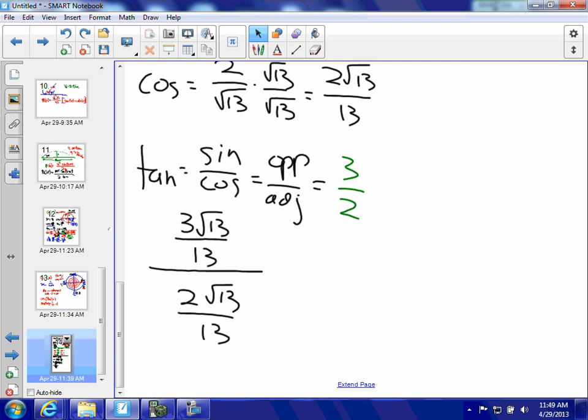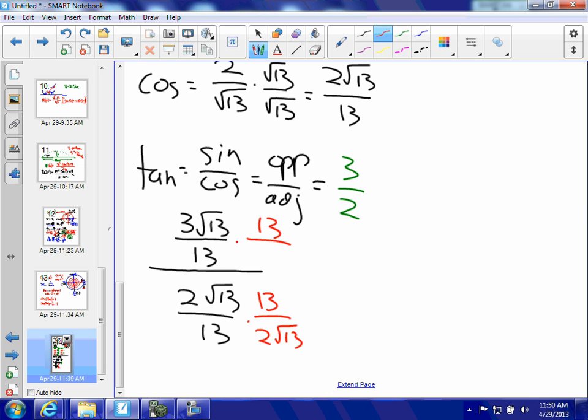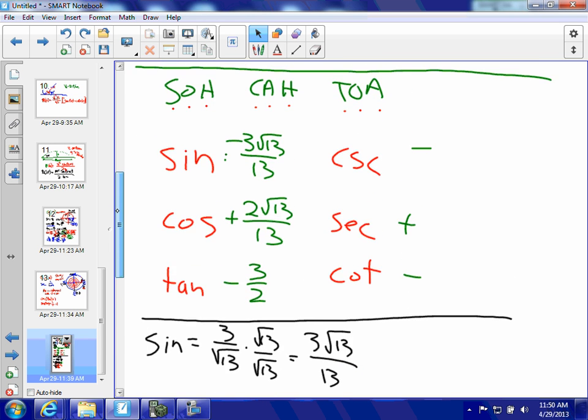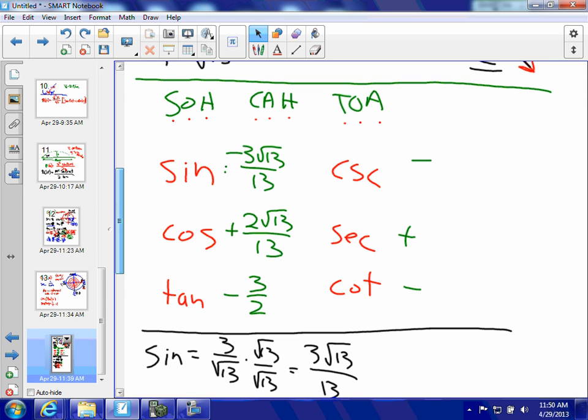I can multiply by my reciprocal on the bottom, 13 over 2 radical 13, and on the top, 13 over 2 radical 13. This cancels out to give me 1. My 13s cancel out. My radical 13s cancel out. And what do you know? I am again left with 3 halves. And since I know the sign is going to be negative, I have negative 3 halves.